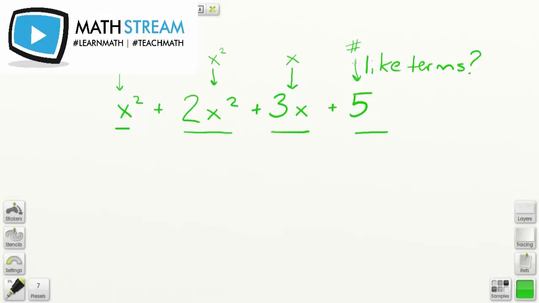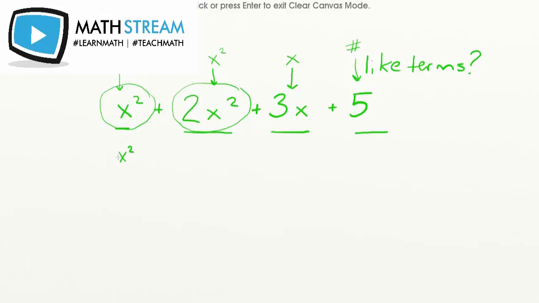So which ones can I combine? Which ones can I simplify? Well, the first and the second term both have to do with x squared. So can I put them together? Let's think about that. What does x squared mean? It just means x squared. I mean, it does mean x times x, but we're not going to write that all the way out. What does 2x squared mean? Well, it means that I have two x squareds, x squared plus x squared.